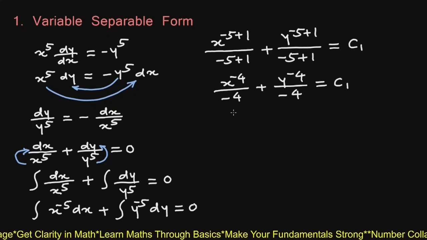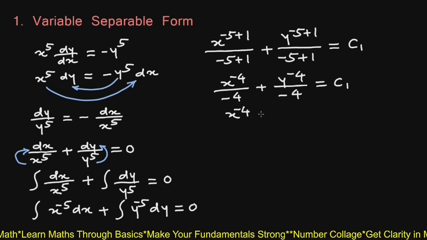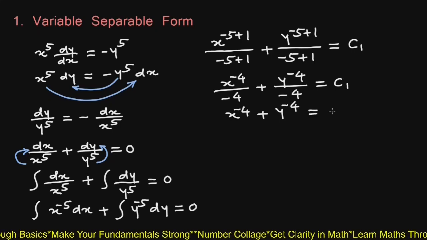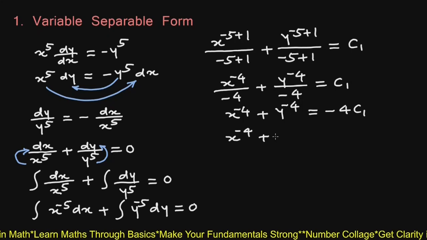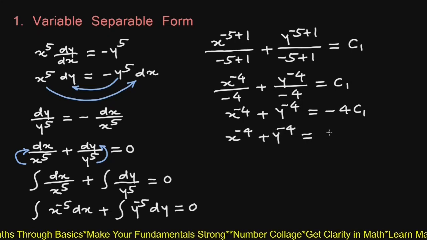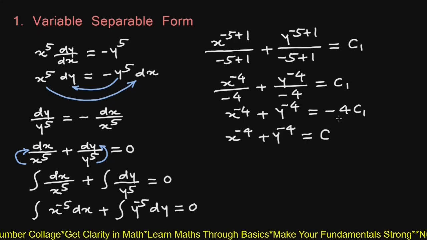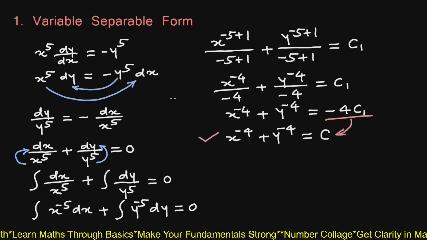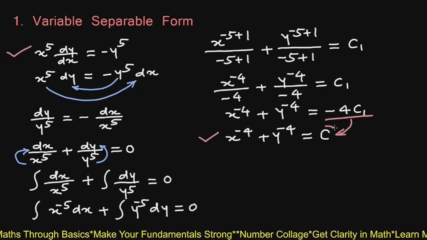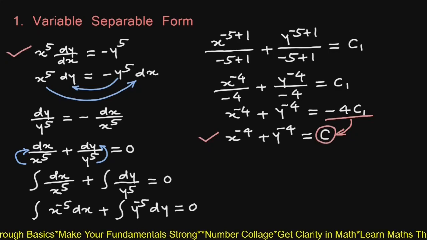Multiplying throughout by minus 4, x raised to minus 4 plus y raised to minus 4 equals minus 4 c1. x raised to minus 4 plus y raised to minus 4 equals C, writing C for this minus 4c1. Now this is the general solution of this differential equation where this C is arbitrary constant.